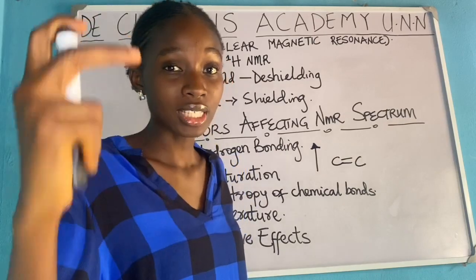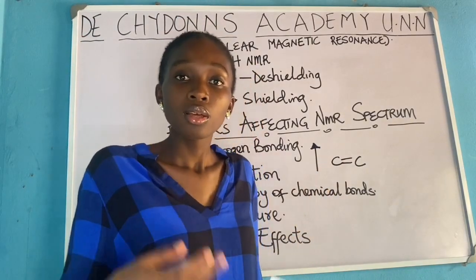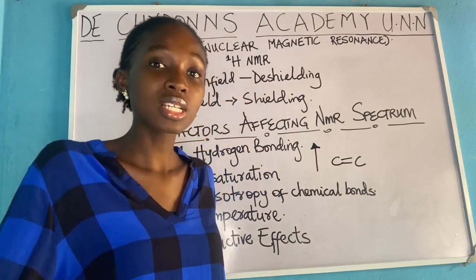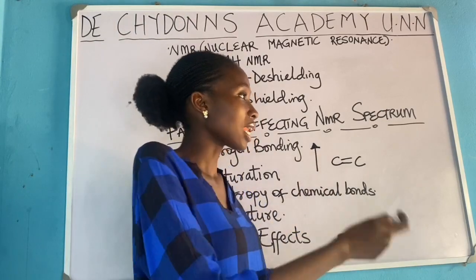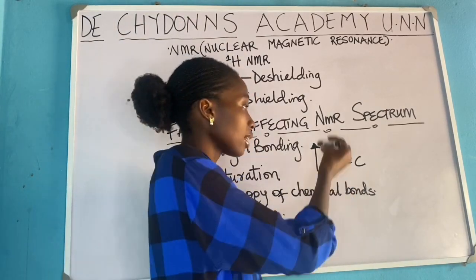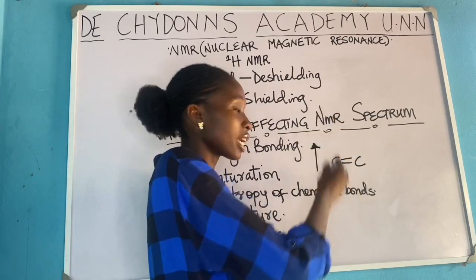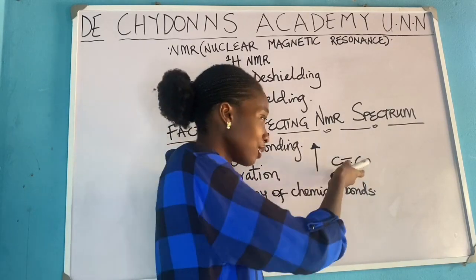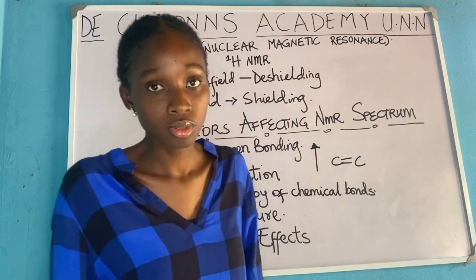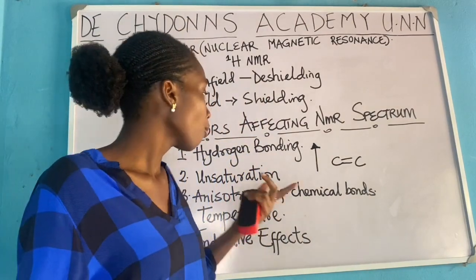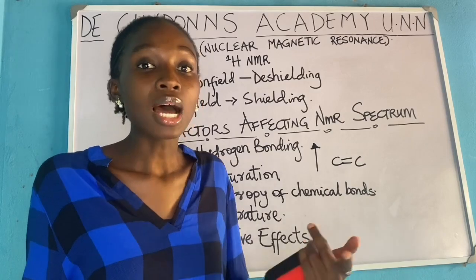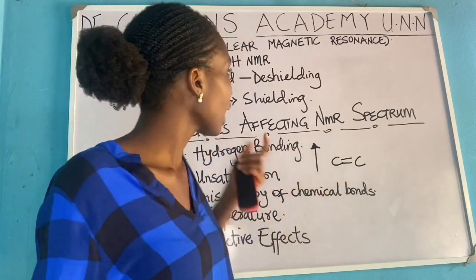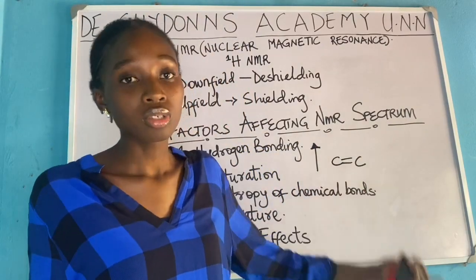They will leave their primary place of assignment, and the protons themselves will now be picking at a much higher frequency, leaving the protons open for resonance to occur. So most unsaturated compounds like the alkynes, benzene rings and aromatics peak at a much higher frequency. We peak at a downfield position because of this effect of unsaturation.